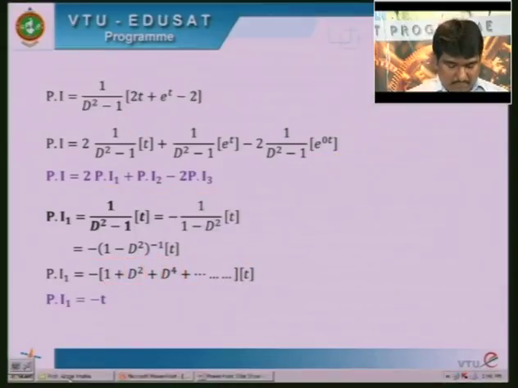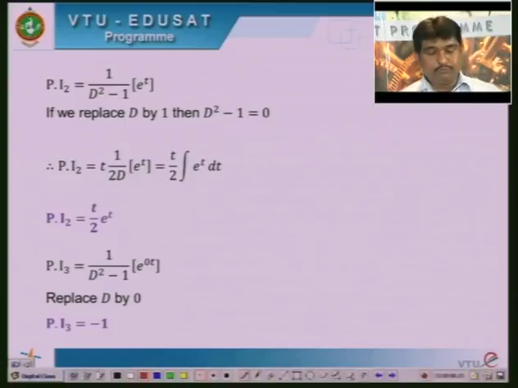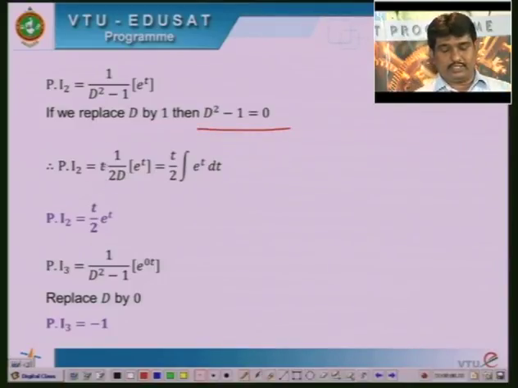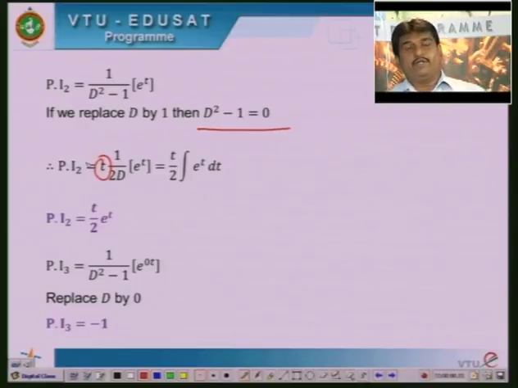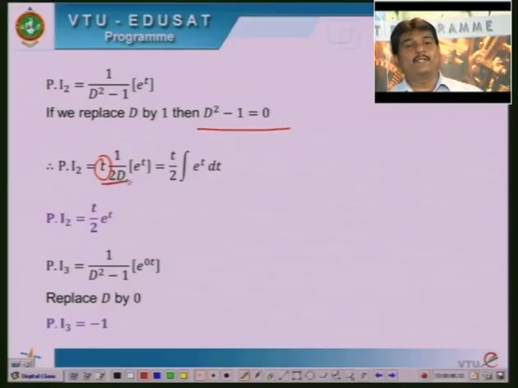Now let us find PI2. PI2 is 1 by D square minus 1 on e to the power of t. This is type 1 form. We have to replace D by a. Here a is 1. If you replace D by a, the denominator becomes 0. So the rule is you have to multiply by the independent variable and differentiate the denominator. The derivative of D square minus 1 is 2D.